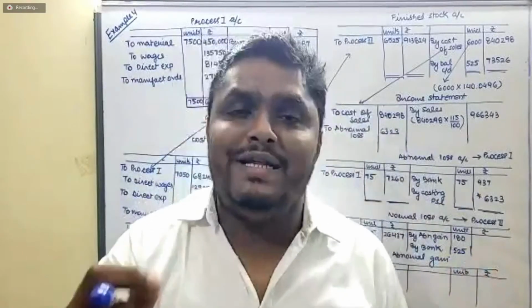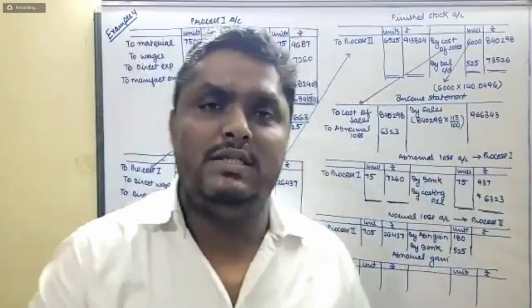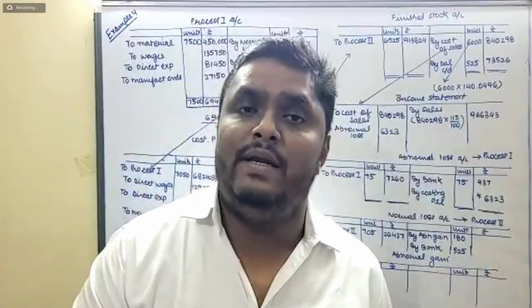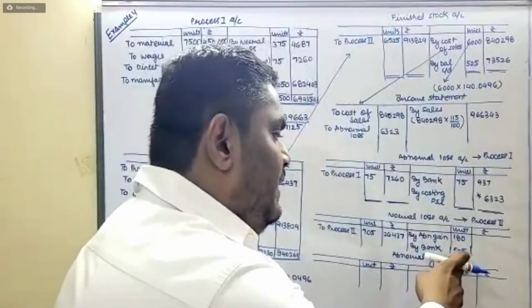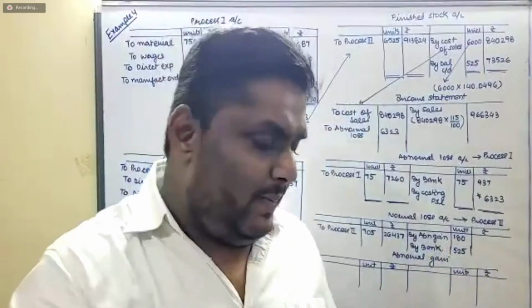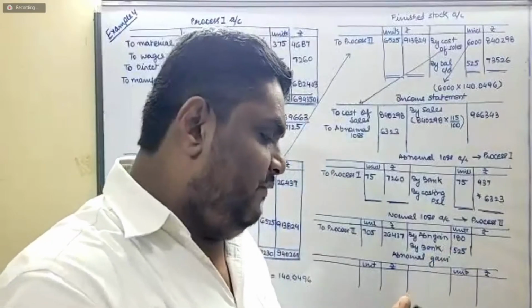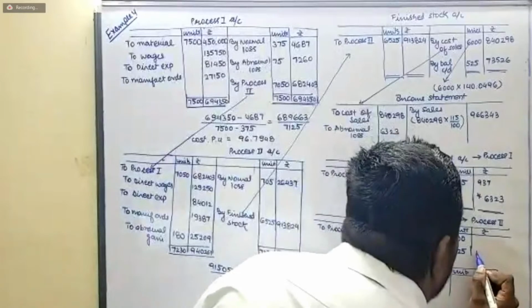I repeat again, what is abnormal gain? Saving in normal loss. Even though the normal loss is 705 units as estimated, when talking about the actual units sold in the market, it will be only 525. So these units are sold in the market at the rate of 37 rupees 50 paisa. So that is 19687.